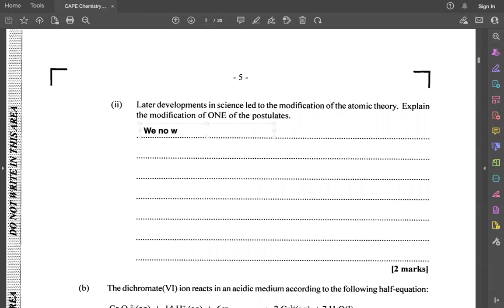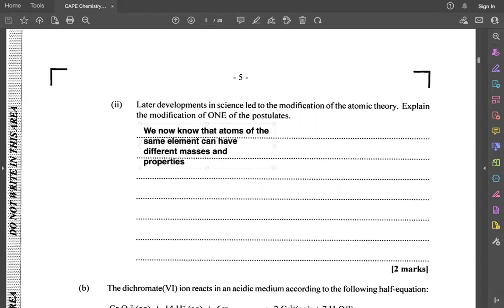Because we now know that atoms of the same element can have different masses. We know that, right? And properties as well.